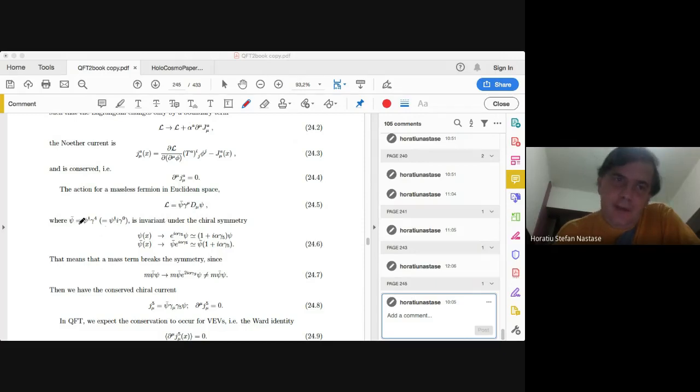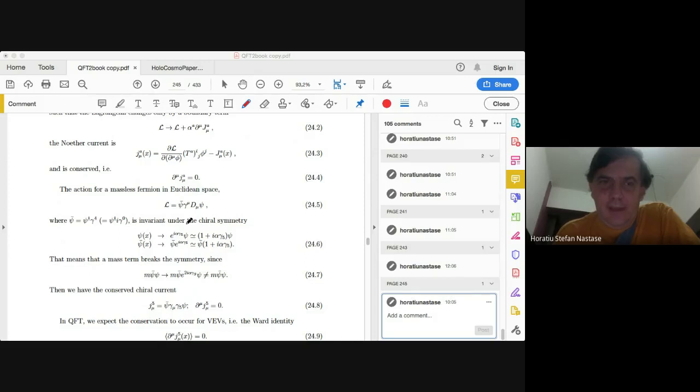And in Euclidean space, psi bar is psi dagger times gamma 4. When we rotate back to Minkowski space, that would correspond to psi dagger i gamma 0.